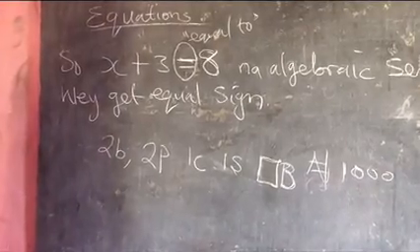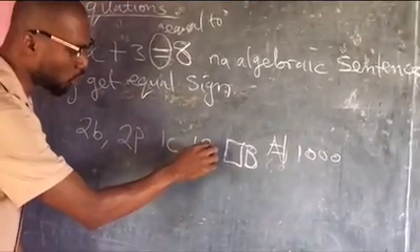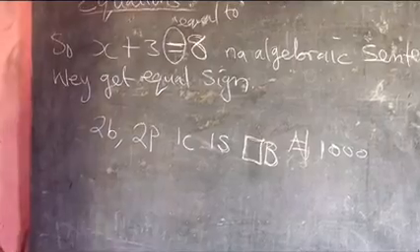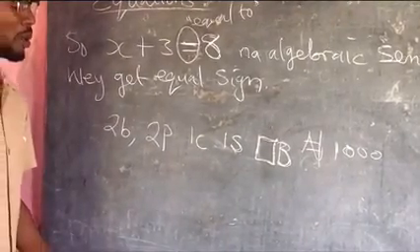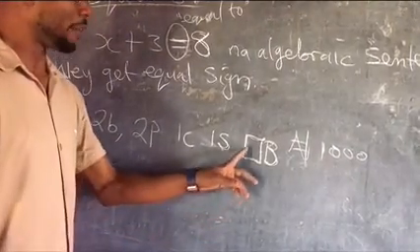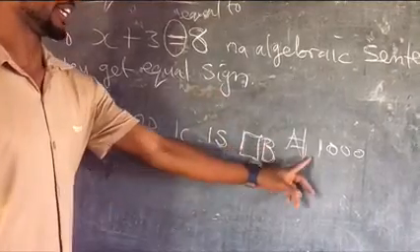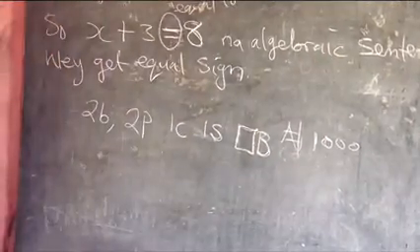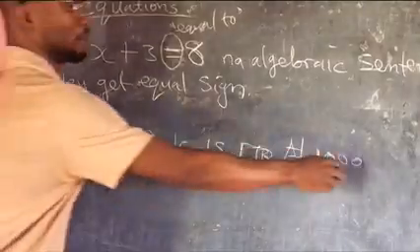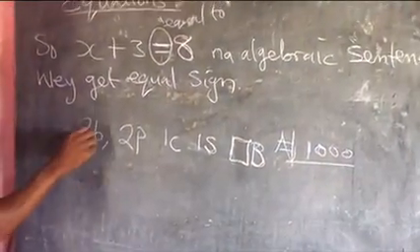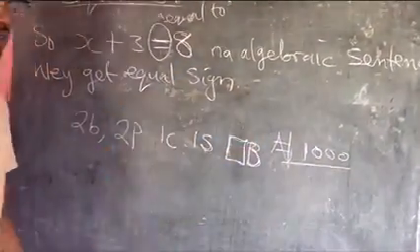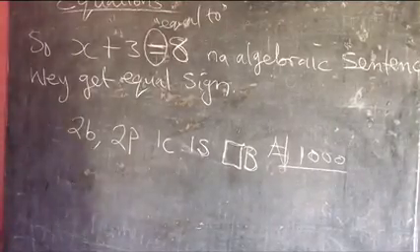Now, I don get question or problem with this situation. What is my problem or question? My problem now how many books what I want buy given 1,000. As they give me 1,000, if I buy all these ones, how many books I go buy? So na typical question is that.